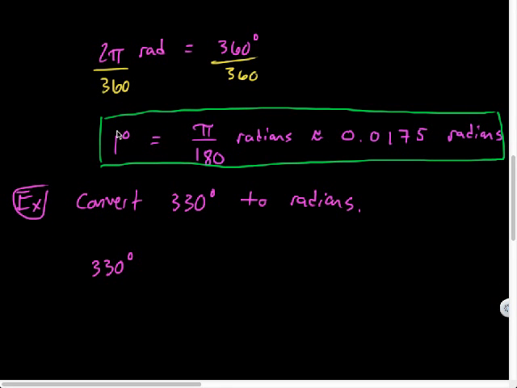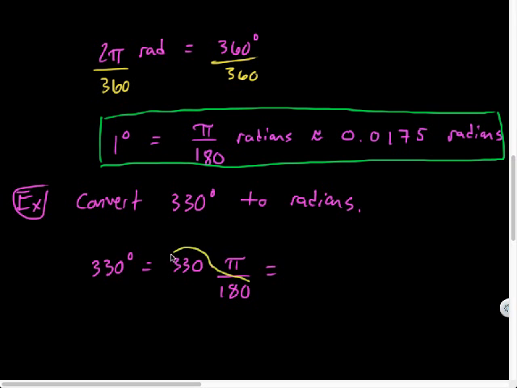If one of these degrees is equal to pi over 180, then 330 degrees must be 330 times this value. I need 330 times this 1 degree to get 330 degrees. So that's going to be 330 times pi over 180 is going to convert to radians. And typically, I don't want the decimal approximations as much. Typically we'll want to leave this in terms of pi.